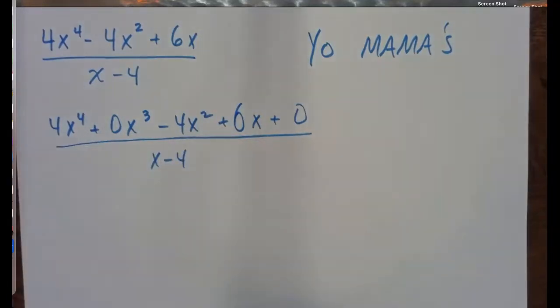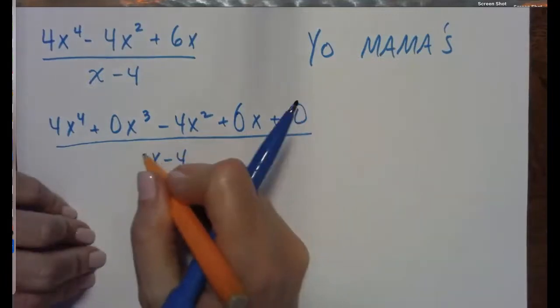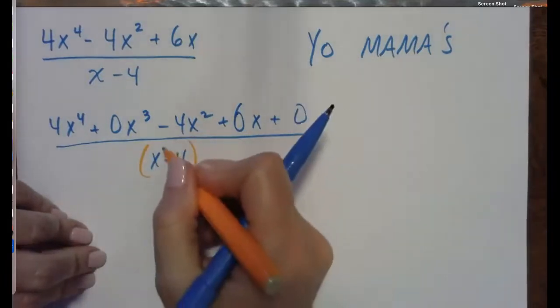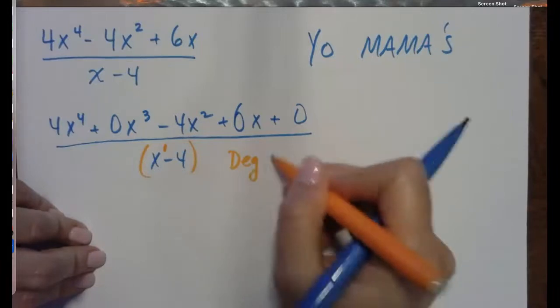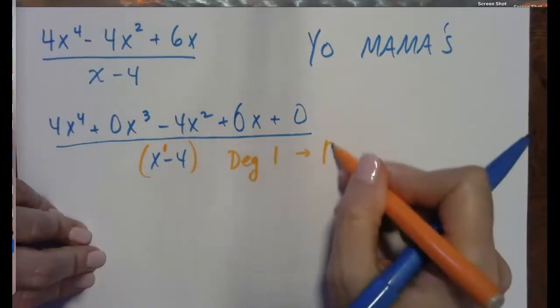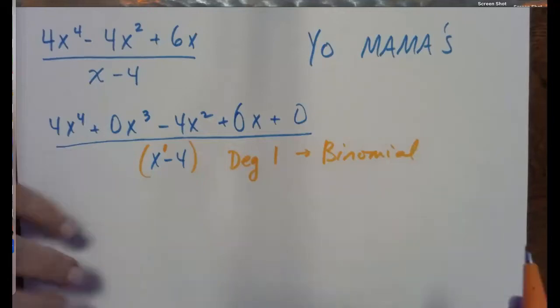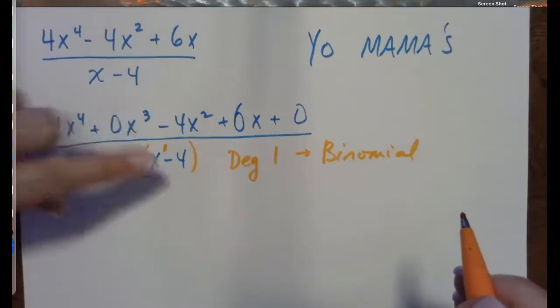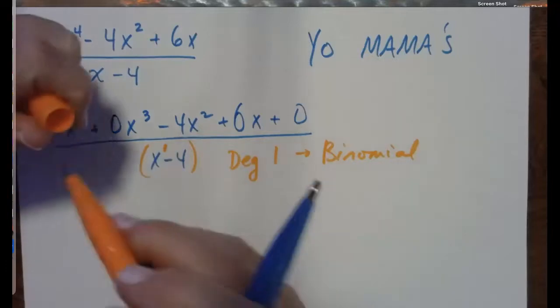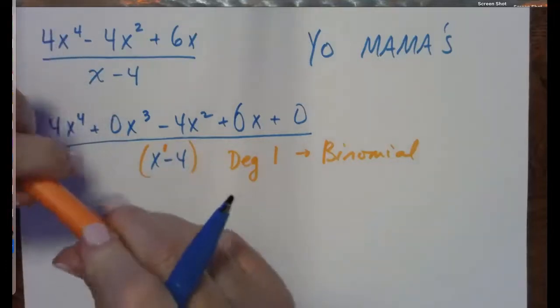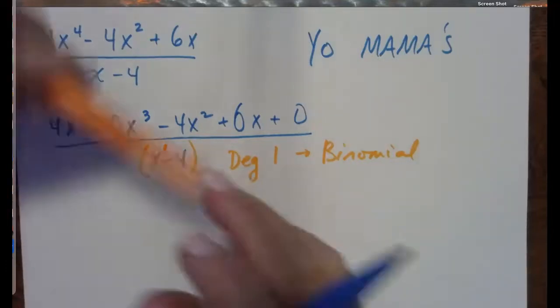Now we are able to use synthetic division because your divisor is a degree 1 binomial. Degree 1, first degree binomial. Only 2 terms, and x can only be to the first power. That is the only way that we can use synthetic division.